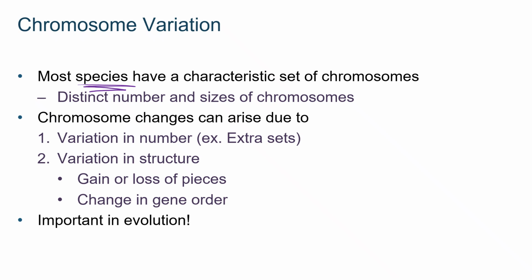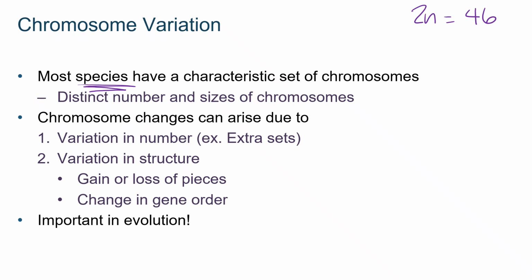So for example, humans are diploid with a total of 46 chromosomes. Each one of our chromosomes has a characteristic size, shape, banding pattern on a karyotype, order of genes on a chromosome. And that is going to be the same for all of our humans with a normal complement.